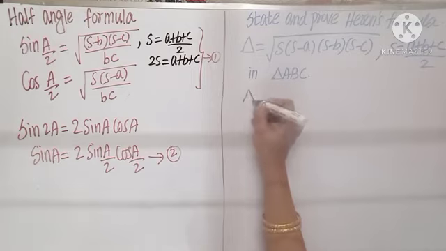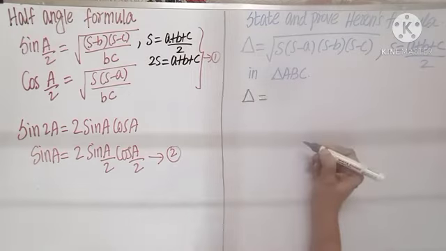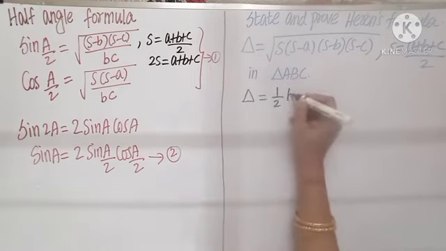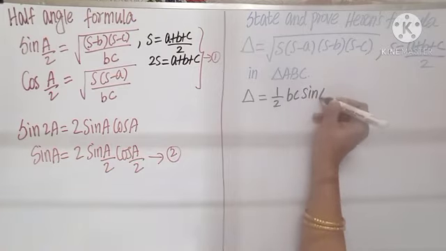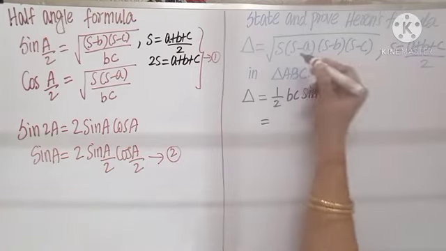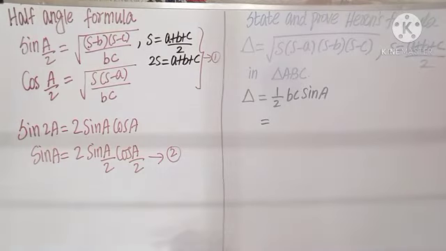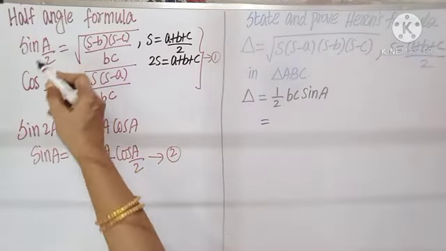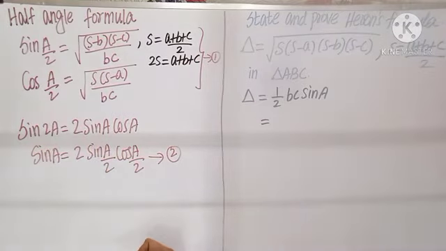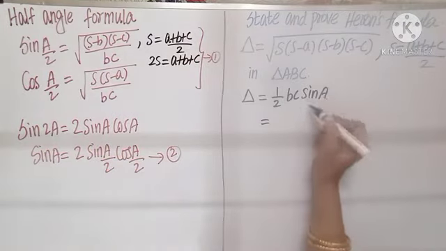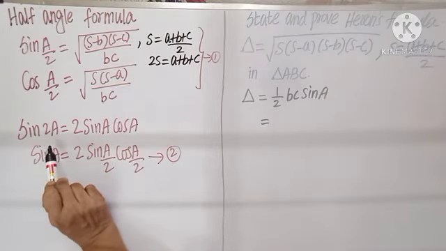We know area of triangle is half BC sin A. This S minus A came in the half angle formula. What I know: sin A by 2, cos A by 2. So, I can rewrite sin A using the sin 2A formula.